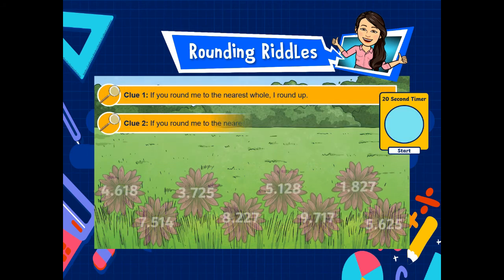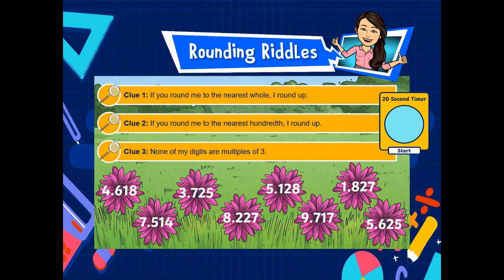Awesome! How about trying to answer this another riddle? What's the mystery number? Great! The number is 1 and 827 thousandths.